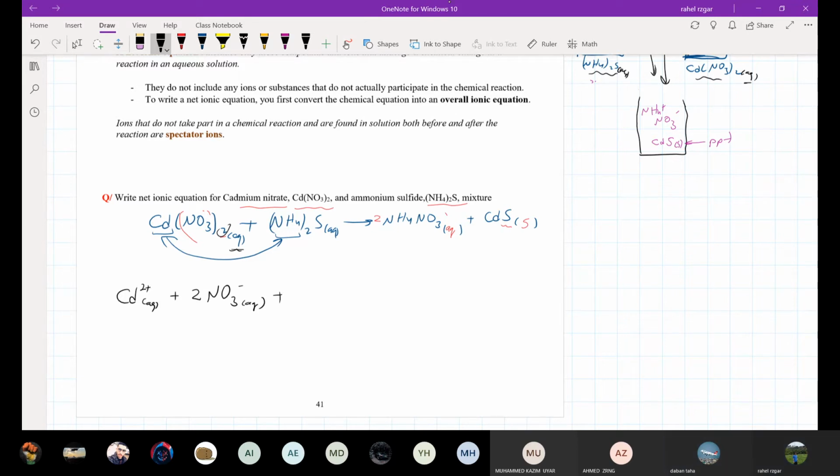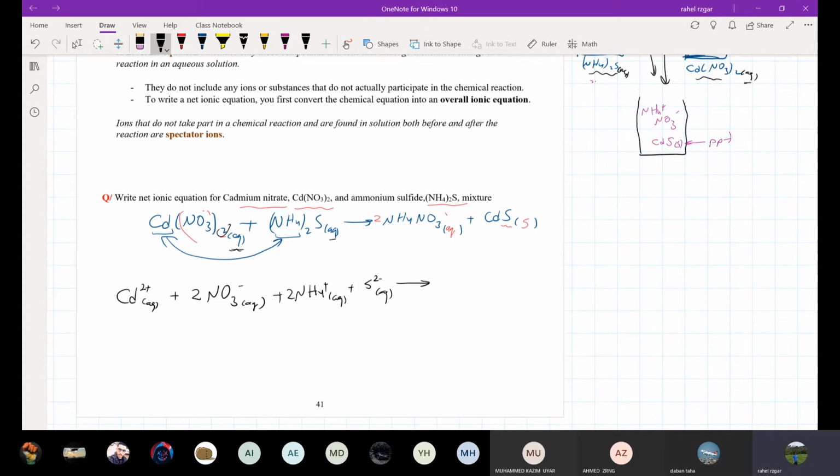Plus ammonium. Is it aqueous? Yes, so it becomes an ion. NH4 plus. How many NH4? 2. Then sulfide is also aqueous, so sulfide 2 minus aqueous. Now the reactant side is done.